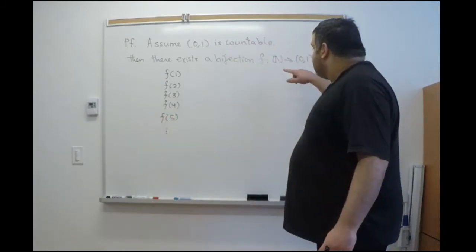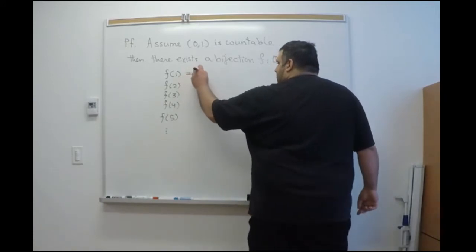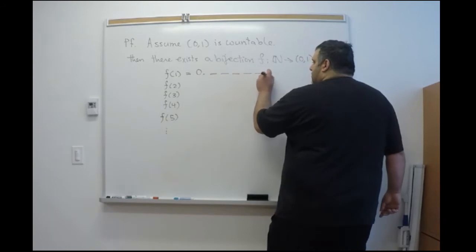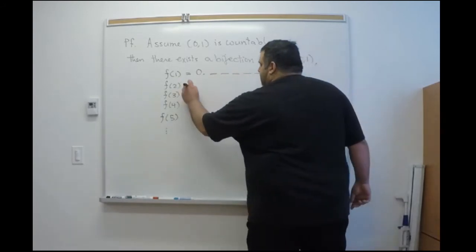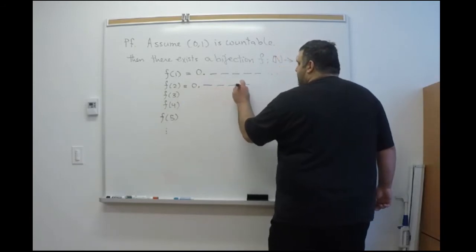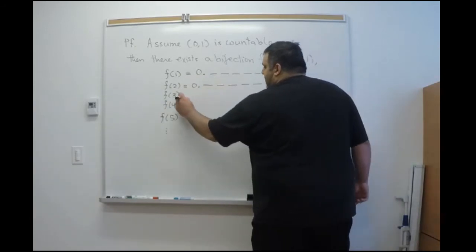And the idea is, all of these are decimals, so they look like something like this, where you can think of these as the digits in their decimal expansion.